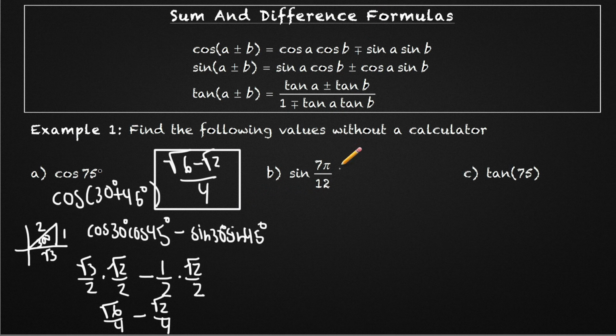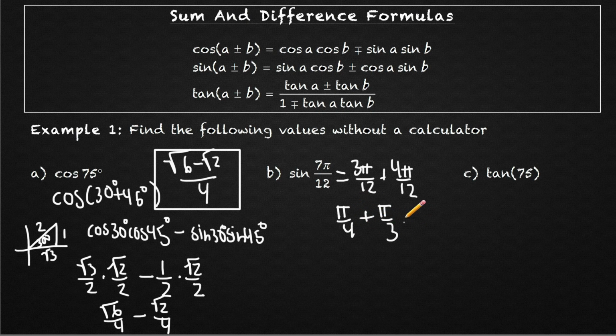All right, now let's try this next one, 7 pi over 12. Now the last thing you want to do here is you don't want to convert it into two angles in degrees or whatnot. Just break this up into 3 pi over 12 plus 4 pi over 12. And of course, we know these will both reduce. 3 pi over 12 reduces to pi over 4, and 4 pi over 12 reduces to pi over 3.